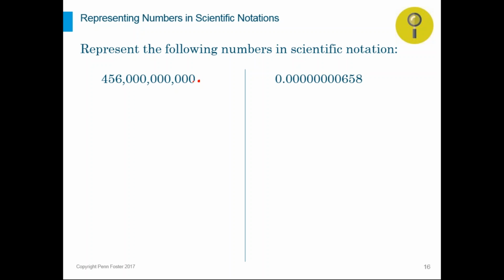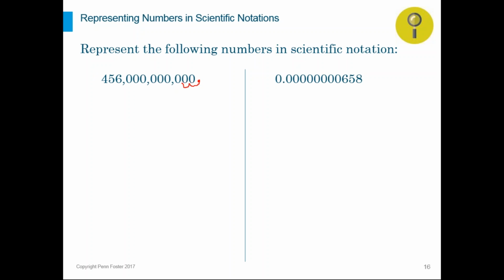To represent that in scientific notation, I need to have only one digit in the whole number place value, and then whatever decimals appear in our number. So what I'm going to do is move the decimal point to the left.